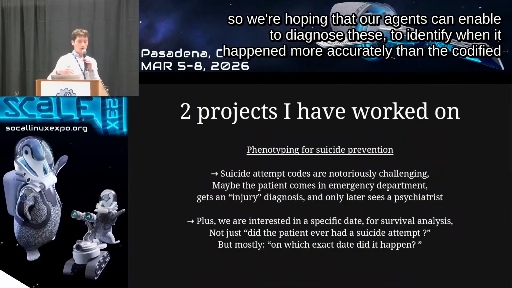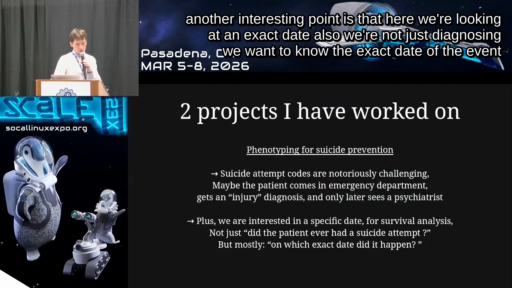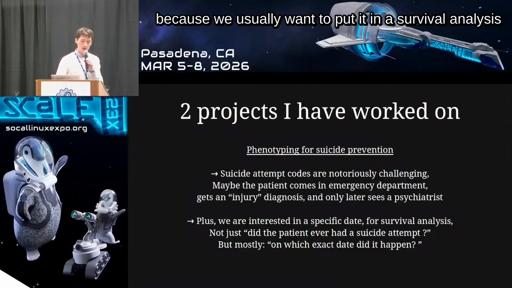So we're hoping that our agents can enable us to identify when it happened more accurately than the codified data. Another interesting point is that here we're looking at an exact date also. We're not just diagnosing, we want to know the exact date of the event because we usually want to put it in a survival analysis.